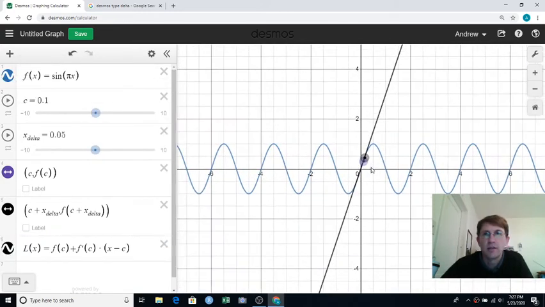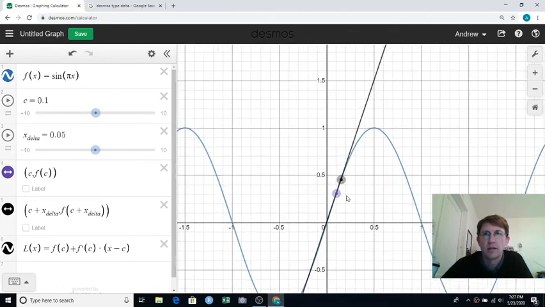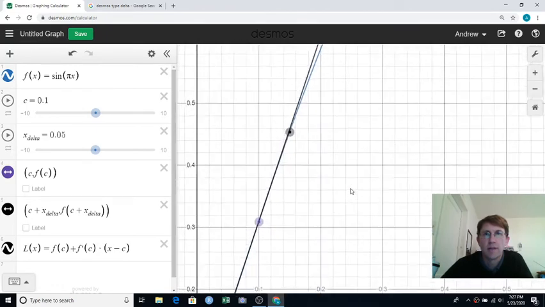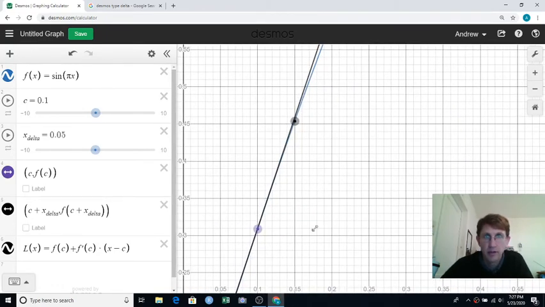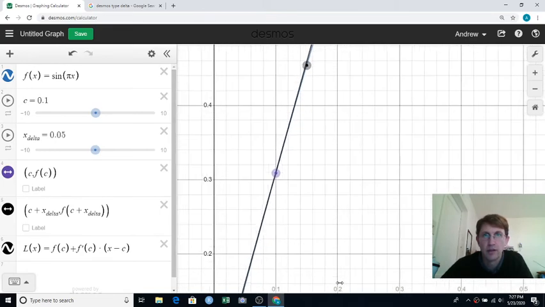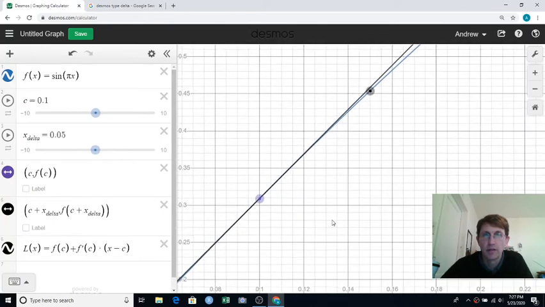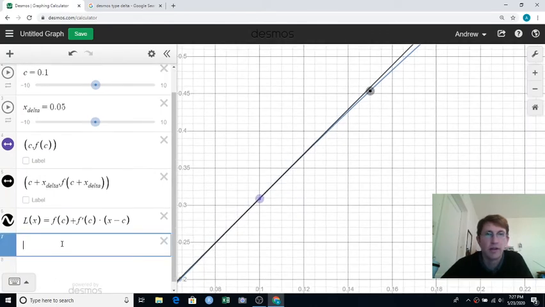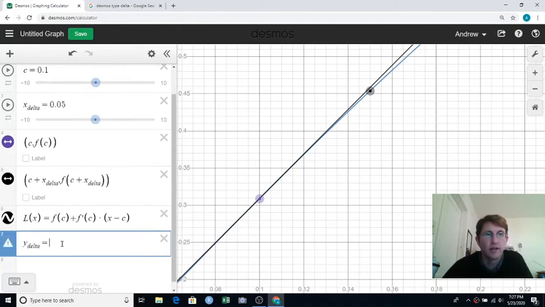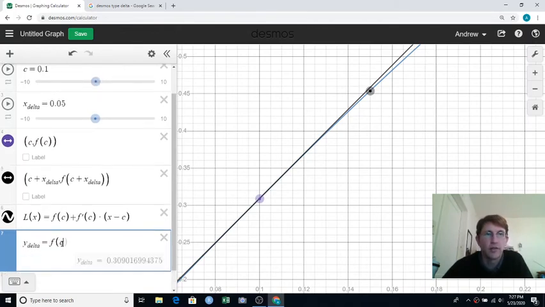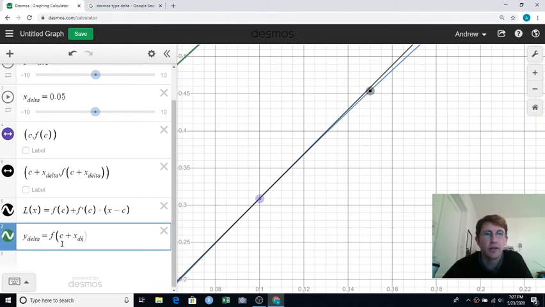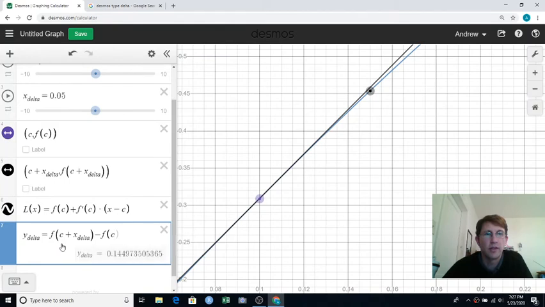And then let's zoom in. Okay. And then what else can we say here? We said delta y was f of c plus delta x minus f of c, and that's how we got the exact change.